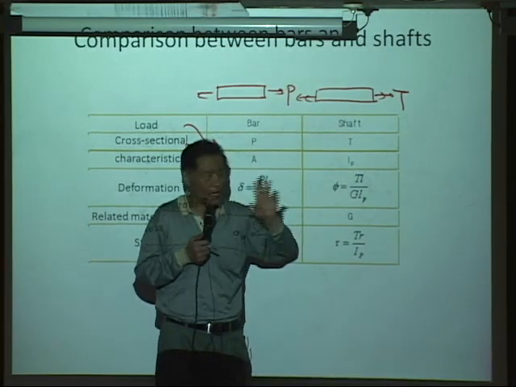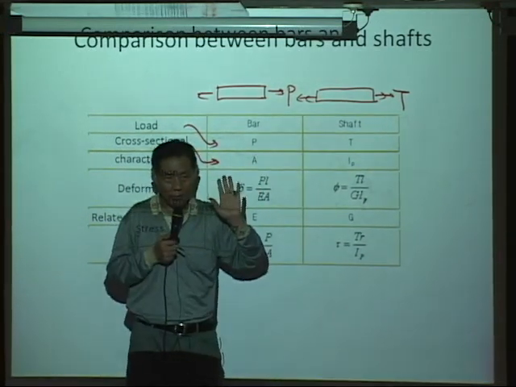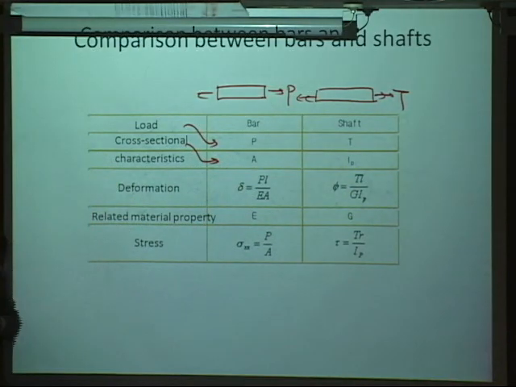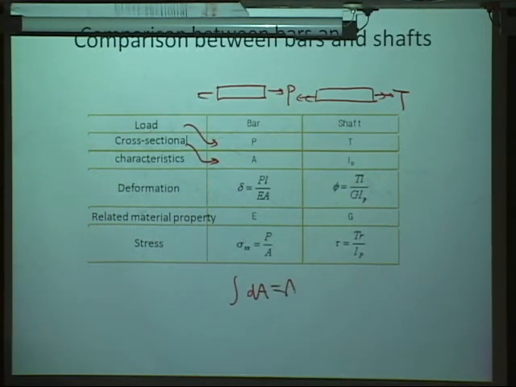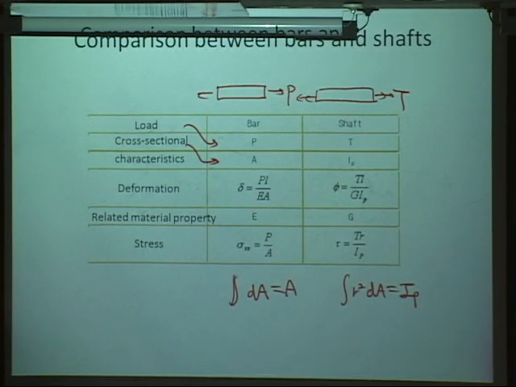There's no A here. Remember, in the bar you have the integral of dA equal to A. In the shaft you have the integral of R squared dA, which is IP. In the bar integration there is nothing else there, but here you have an R squared, which gives us the cross-sectional property.